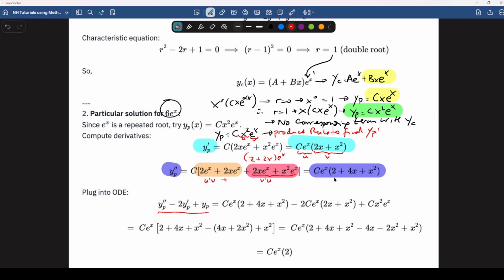This one is our y double prime, you can put it in the color, minus 2y single prime, which is the light blue, and then plus yp. That's our yp in the beginning. It's this one, the yellow color. That's our yp.